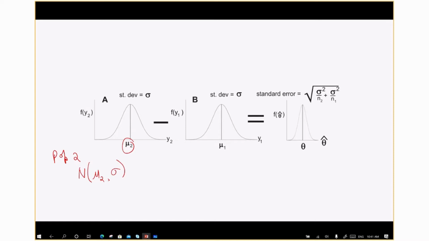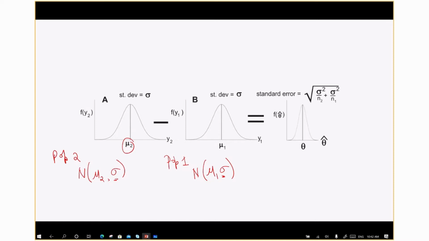And population 1 is normally distributed with mean mu1 and standard deviation sigma. The thing about our standard deviation sigma is that it's assumed to be the same for both populations, and it's also assumed that we know what it is.